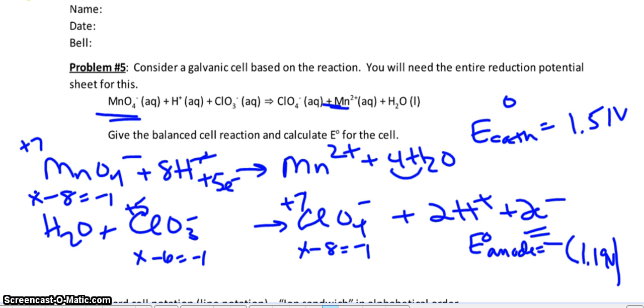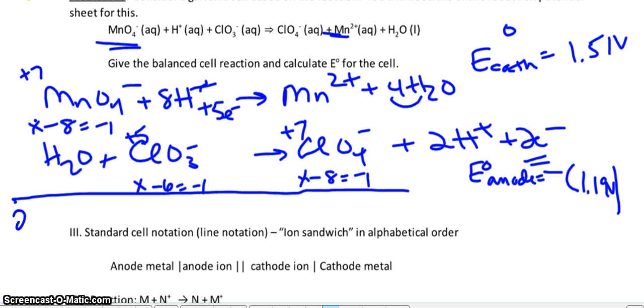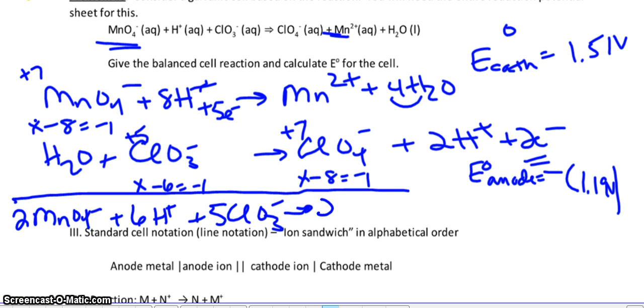And now when I'm ready to do this, hang on, I need to scroll up. I will need to balance out the ions here, and I will need to add those 2 together. So let's check it out. You end up with 2 MnO4- + 6H+ + 5 ClO3- goes to 2 Mn2+ + 3 H2O + 5 ClO4-.